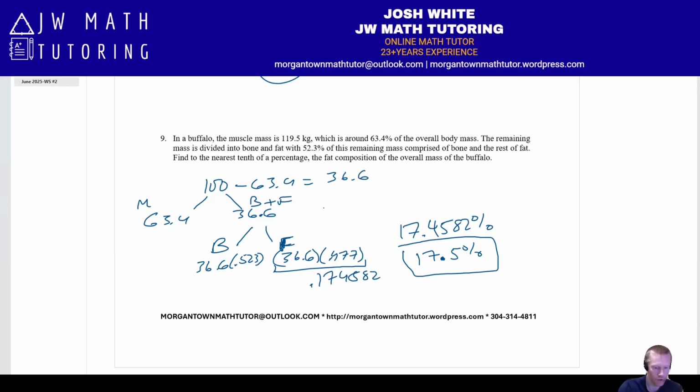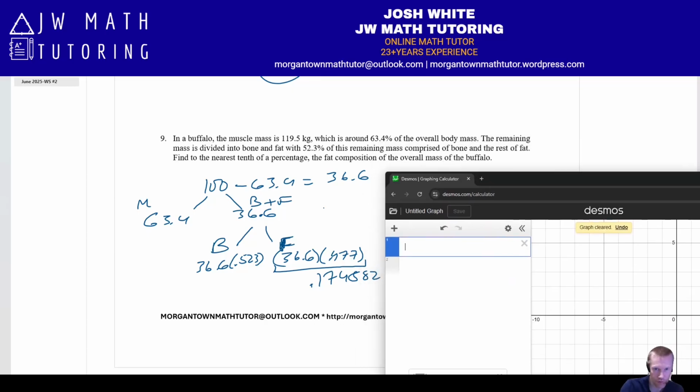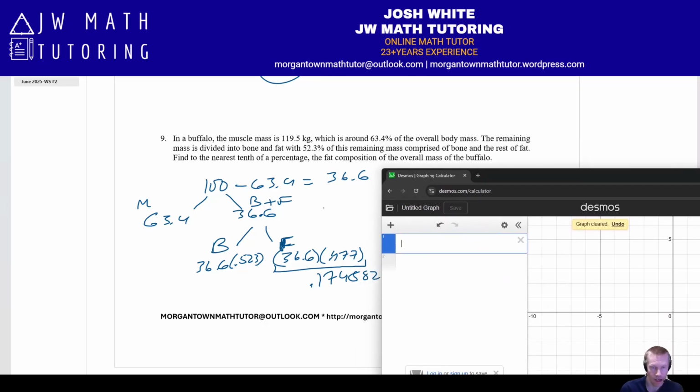I will show you another approach, though, which is that you can actually solve for the specific values for bone and for fat, since the muscle mass was given, and then you can divide that to find the percentage. It's going to be more work, but I'm going to do it pretty much all in Desmos, and we'll see what we get.